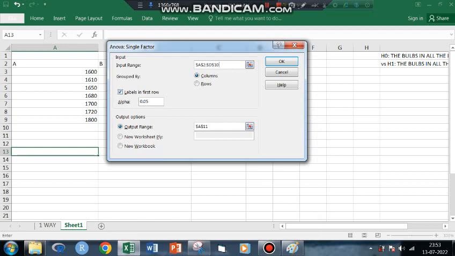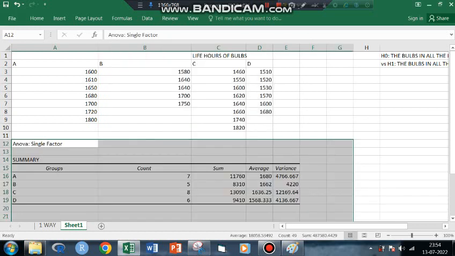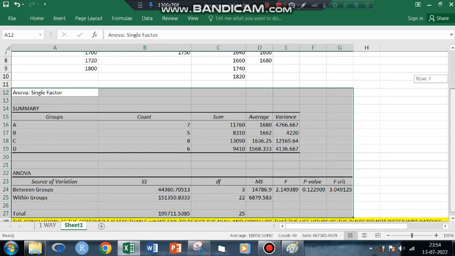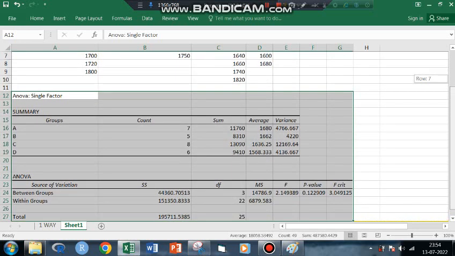The level of significance, the alpha, is 0.05, and the output range is this. This is our output range, and okay, here we go. So now we have been provided here with the ANOVA.